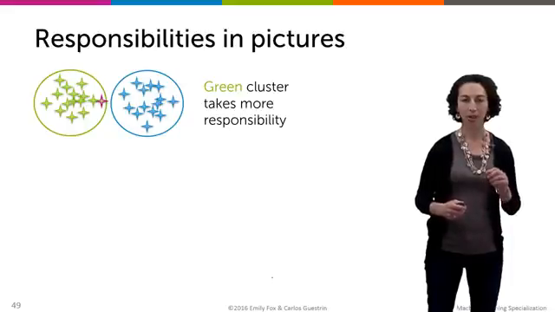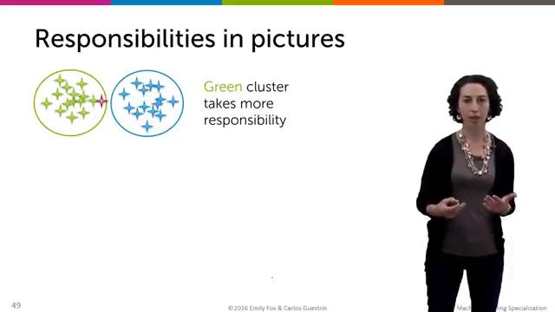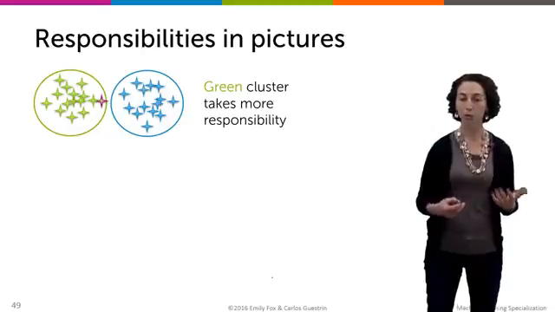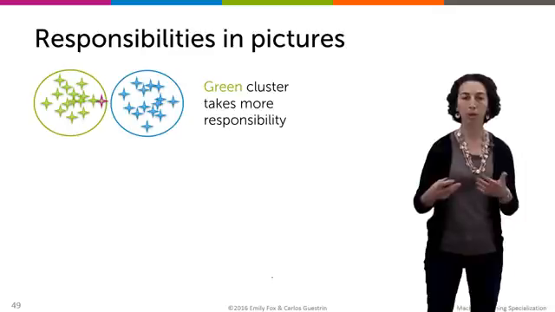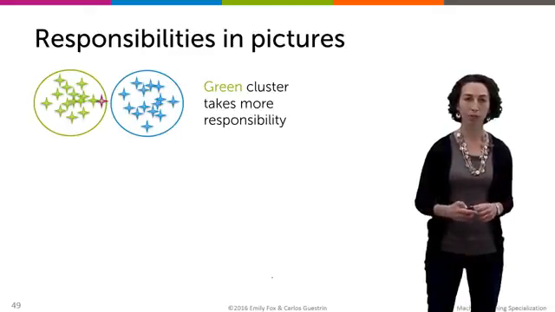Then we're going to hone in on a single observation, which is outlined with this pink color, and look at the soft assignment of this observation to these 2 clusters. In this case, this highlighted observation is closer to the center of the green cluster than it is to the blue cluster. So as a result, the green cluster is going to take more responsibility for this observation than the blue cluster, though still both split responsibility.